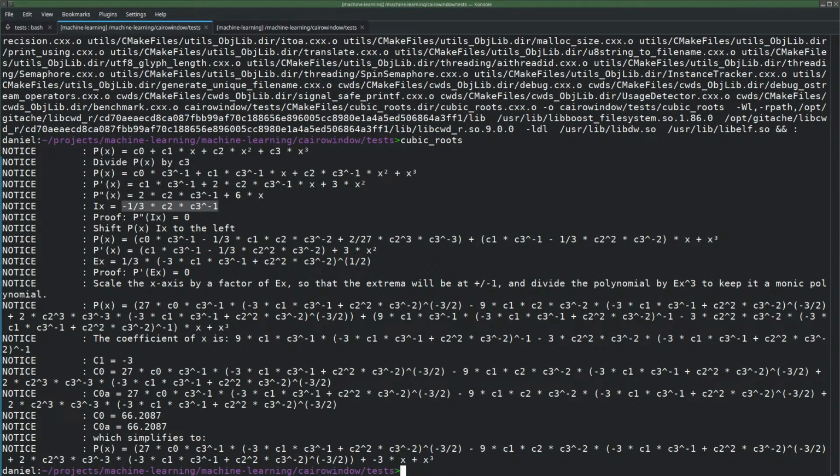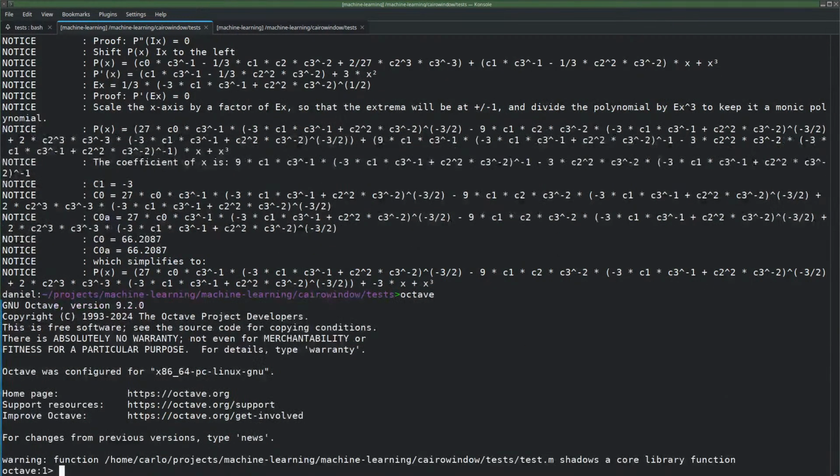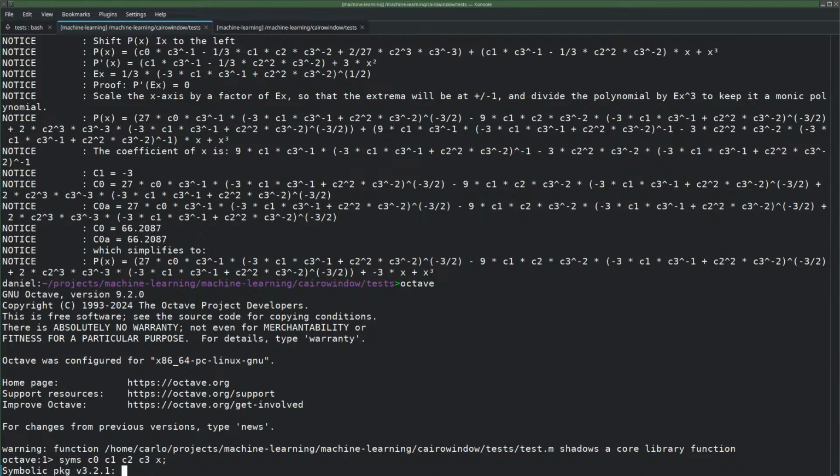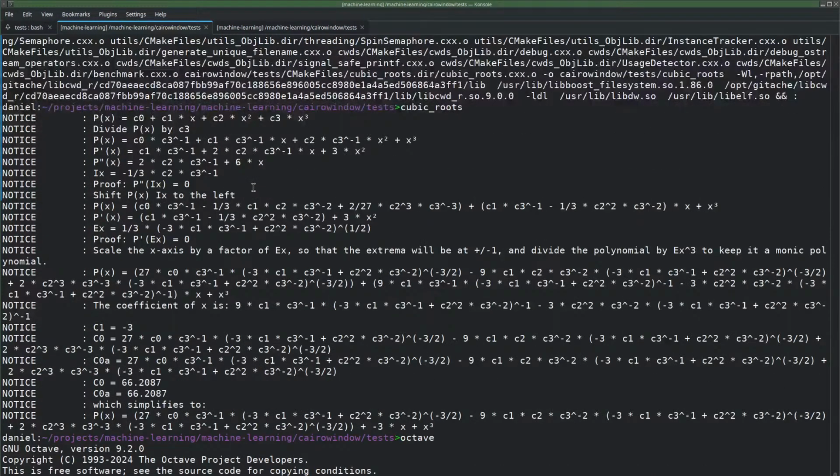Seems something for Octave again. Okay, Octave. Seems C0, C1, C2, C3, and X. And I want to define my parabola.